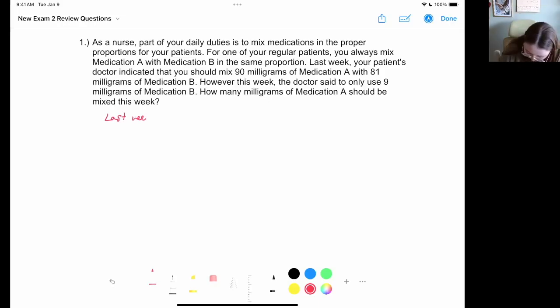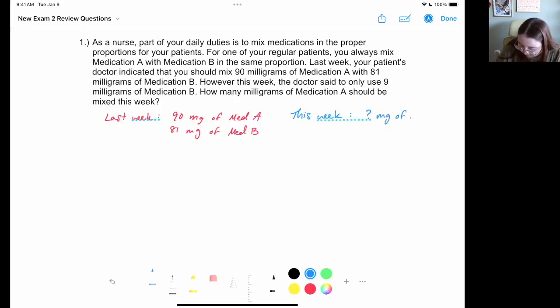Last week we had 90 milligrams of med A and 81 milligrams of med B. And now this week, we don't know how many milligrams of medication A we want, but we know we want 9 milligrams of medication B. So we've had a change in proportion.